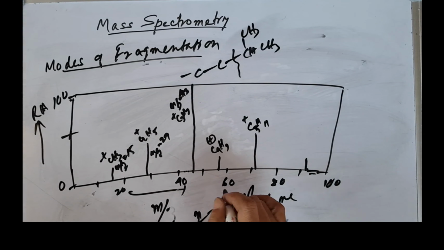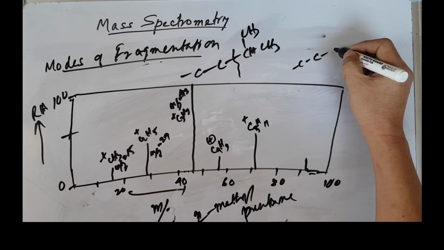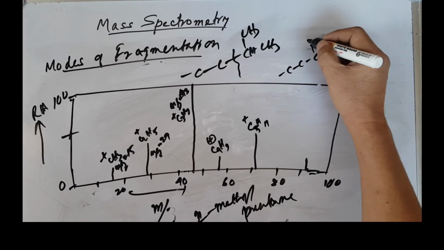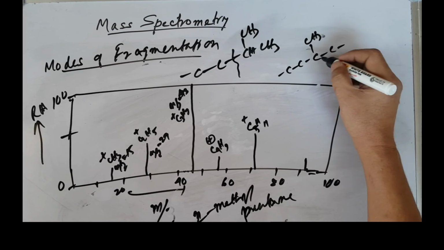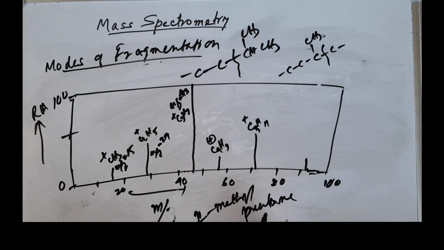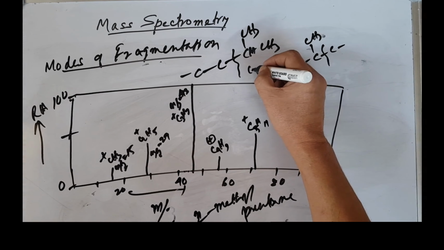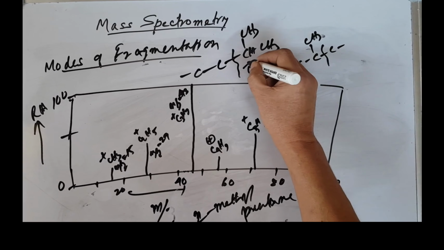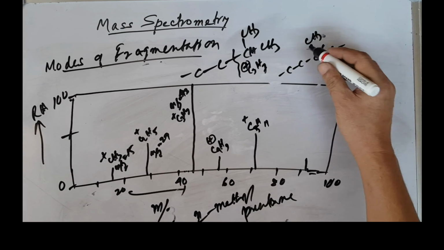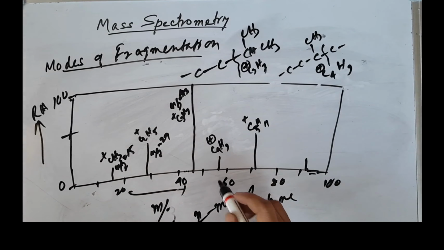But in the case of 3-methyl pentane, you can say CH3, 1, 2, 3. So fragmentation goes either this way or this way. So you get C4H9, meaning 1, 2, 3, 4, C4H9, and this is C3H7.